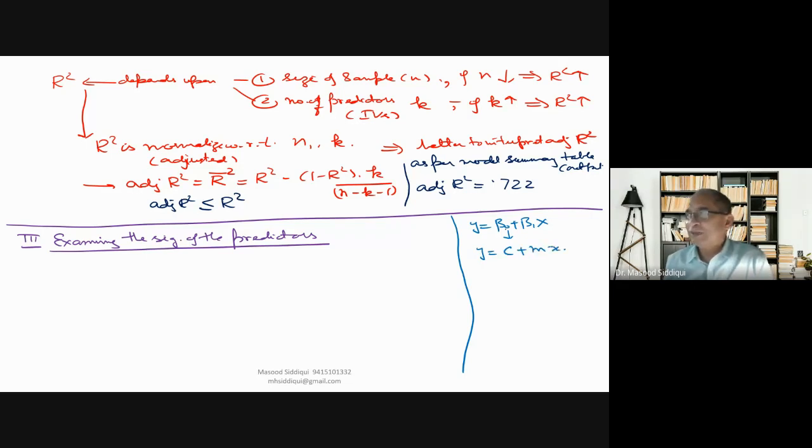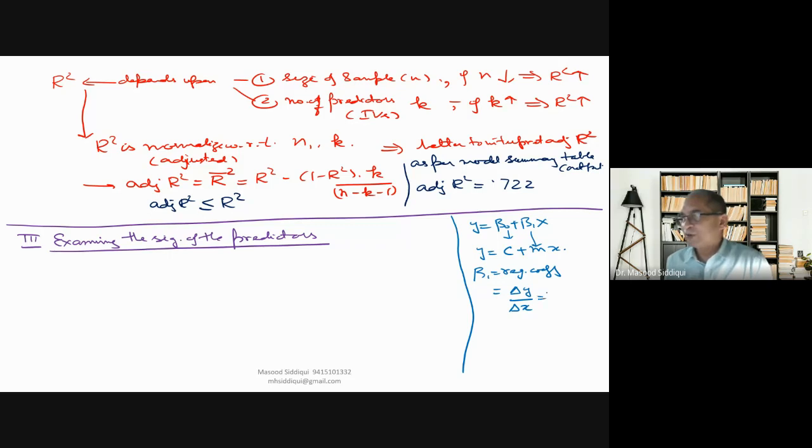So this beta 0 is the intercept or the constant term equivalent to c, and this beta 1 is equivalent to m. So this beta 1 is known as the regression coefficient. And remember what m is? m is the slope, so m can be written as delta y over delta x. So this beta 1 can be written as delta y over delta x.